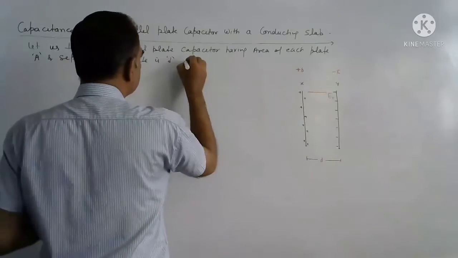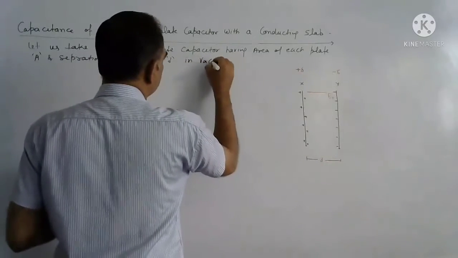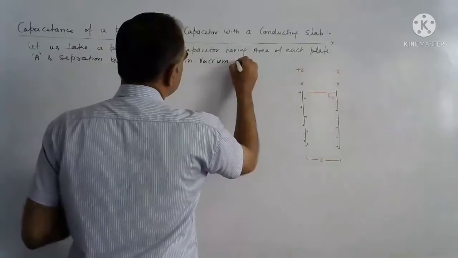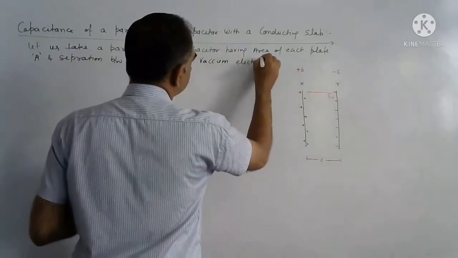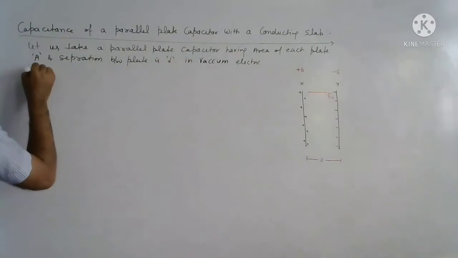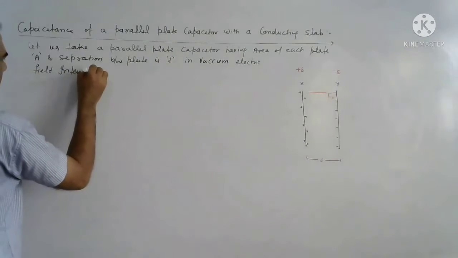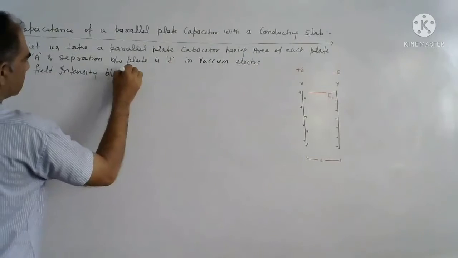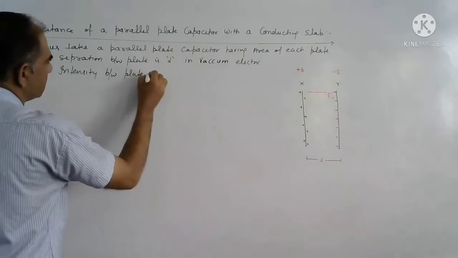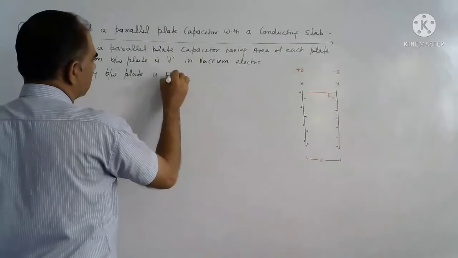In vacuum, the electric field intensity between the plates is E naught.